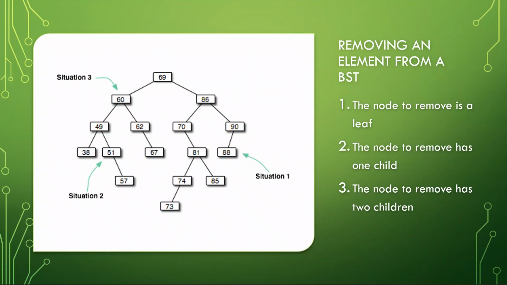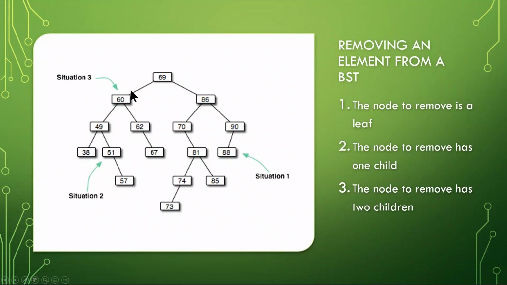So you have these three cases. For example, from right here, you have different situations. If we're removing, say, 88, that's a leaf node, same as 85 and 73. They're all leaf nodes because they have no children. Node 51 has one child. You can see it's to the left. Same thing as 62, or right here, there's 90. And then other ones like 49 are the third case where it has two children.